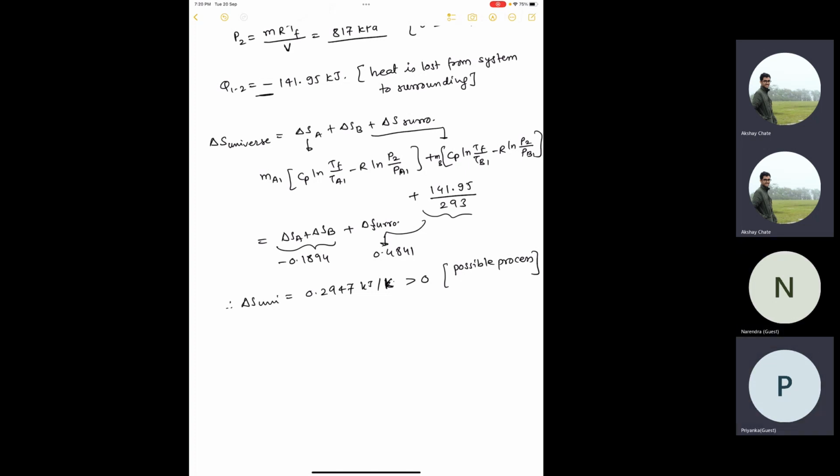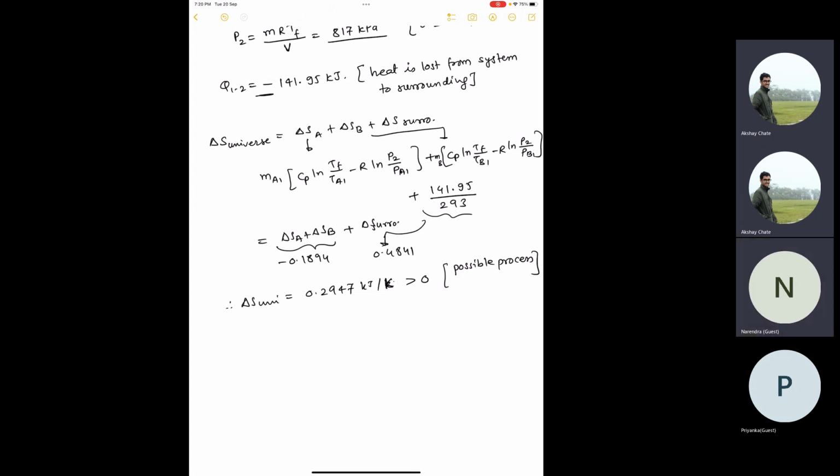We assume constant pressure process. Work done is PdV. Q1-2 is m(h1 minus h2). Consider refrigerator. COP is QL by W in. So W is 26.81. H1 and H2 values are taken from the water tables.